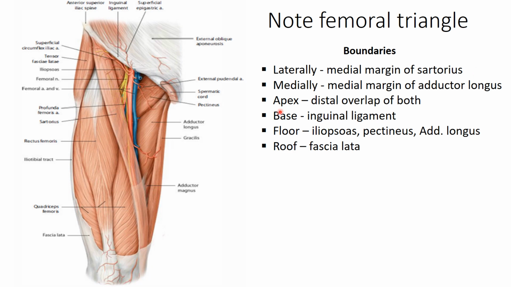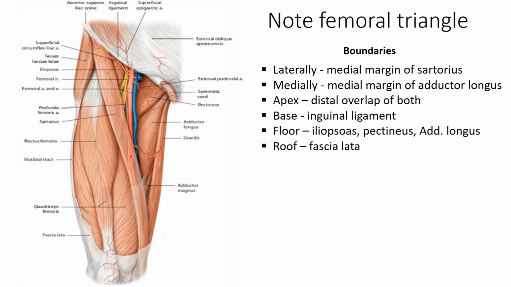Now the boundaries of the femoral triangle. We already know about this muscle, which is sartorius, this long muscle crossing the thigh obliquely. So the medial margin of the sartorius forms the lateral border of the femoral triangle.